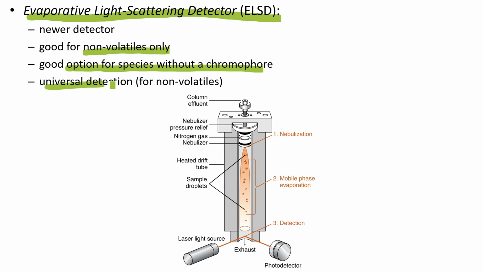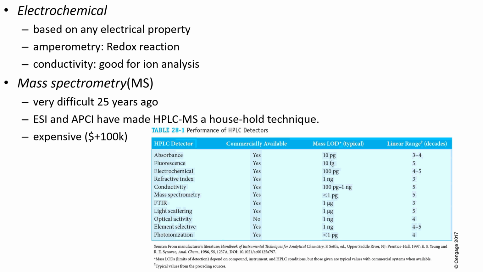Again, it's a universal detection for non-volatiles, and it works on scattering of laser light. So much like the particle size detector that they use at the bomb plant to determine sizes of particles, it uses a technology something like that to look at how light is scattered. Not here to determine particle size for much, but is there particles or not?